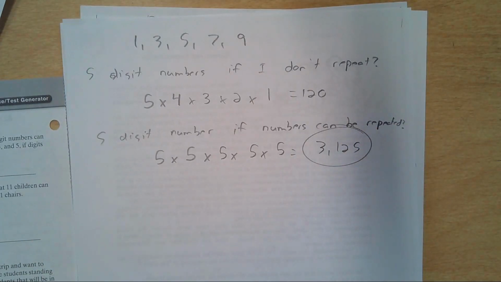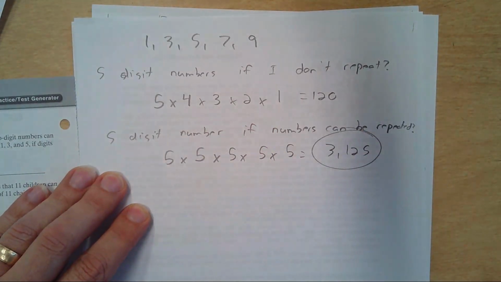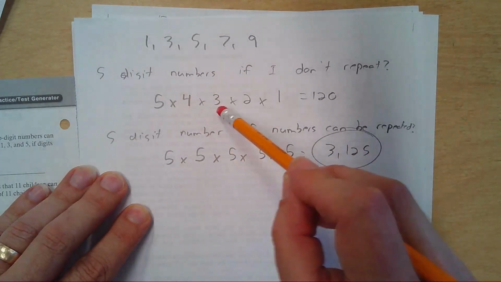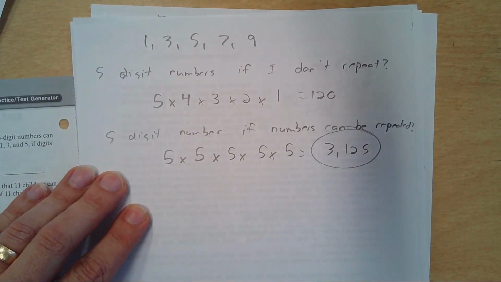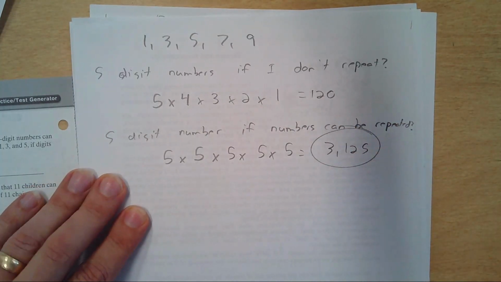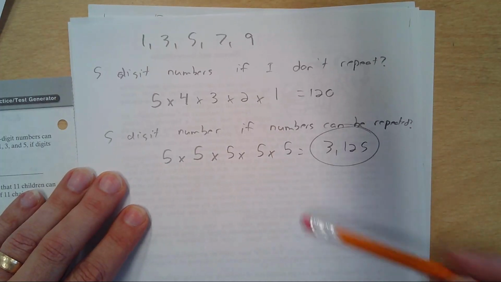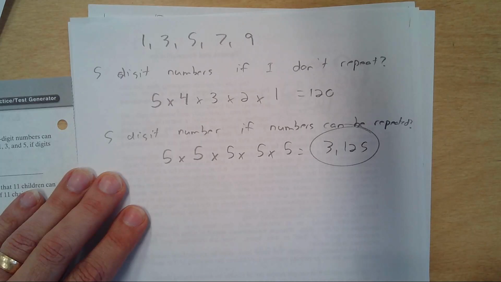Right, and that's how this one could work. If I don't repeat or repeat, it changes how many different outcomes I have at each step. Because if I can't repeat and I can't use that number again, then I have fewer options each step of the way. But if I can keep using the same numbers over and over, I have 5 digits. That could be, because I could have 11111 as a number.